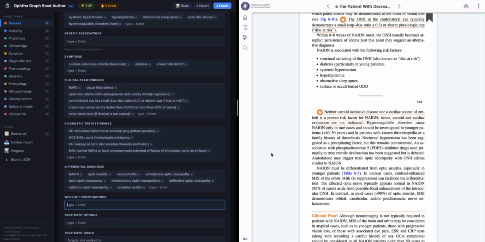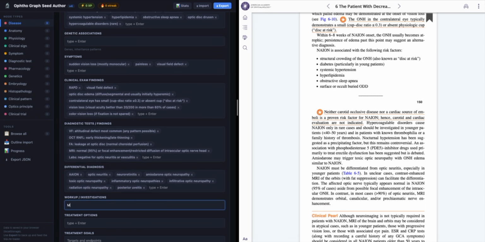Obviously, it all kind of shifts and changes based off of the presentation. So workup and investigations. I guess we should also put in here labs negative for optic neuritis or vasculitis. Right?